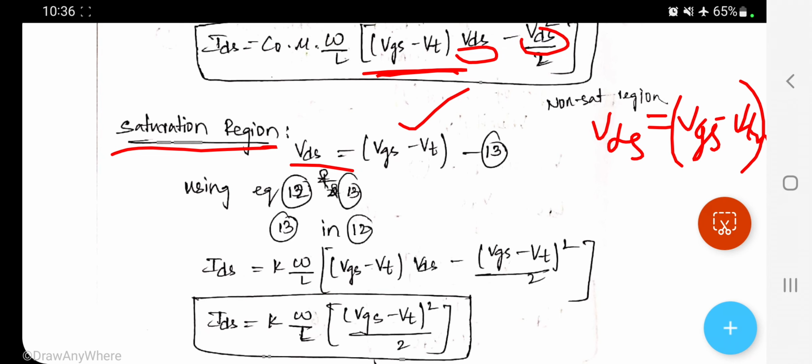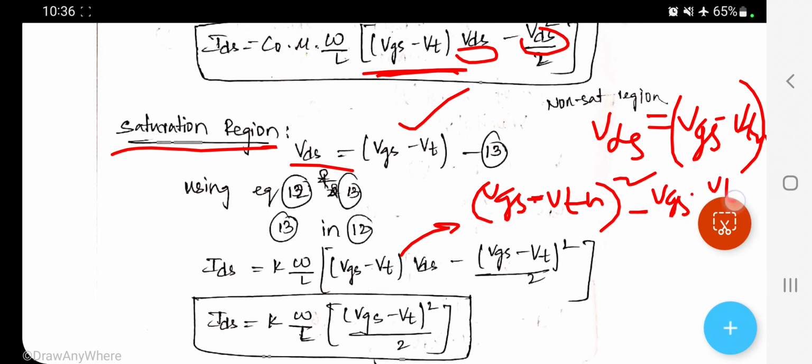So here we get VGS minus VTH into another VGS minus VTH, that is the square, minus VGS minus VTH square by 2. So it is like 1 minus 1 by 2, which is just 1 by 2, that is VGS minus VT square by 2.